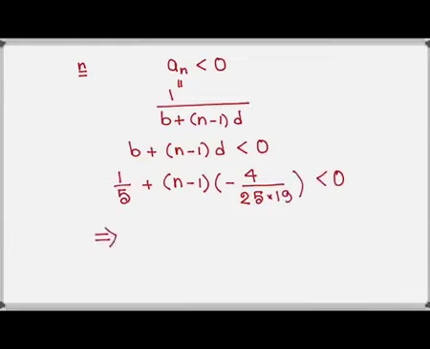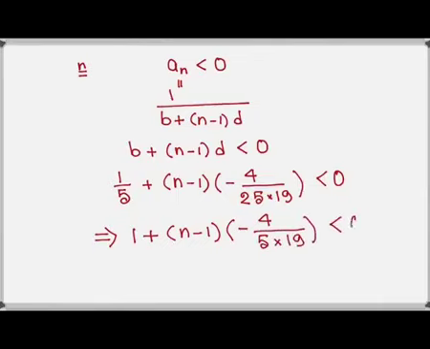This implies 1 plus n minus 1 into minus 4 divided by 5 into 19 is strictly less than 0. This implies n minus 1 shall be strictly bigger than 5 into 19 divided by 4.